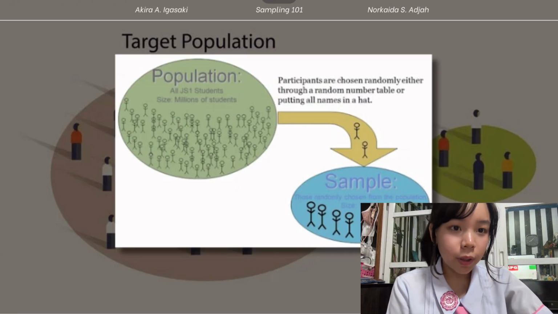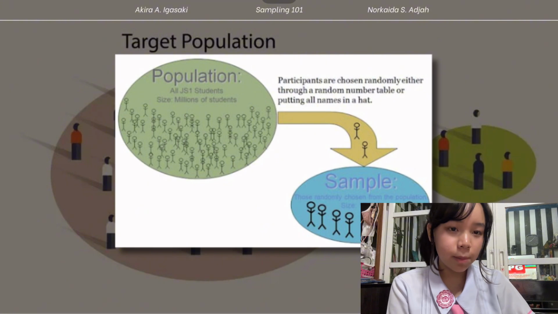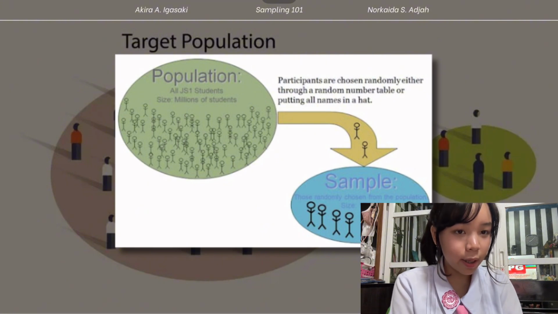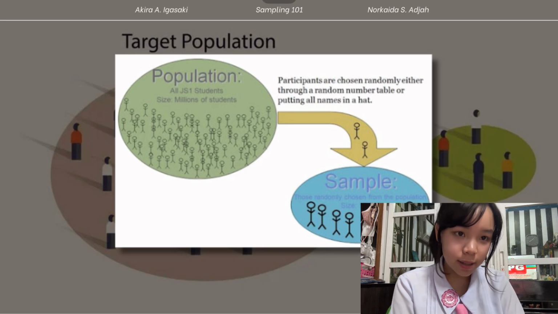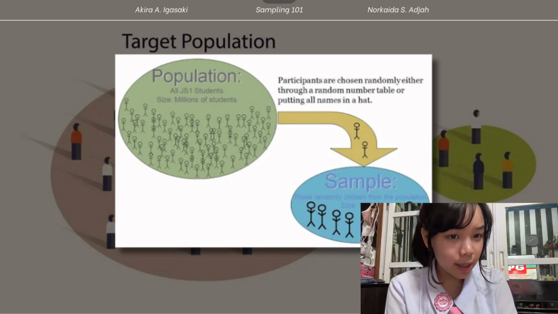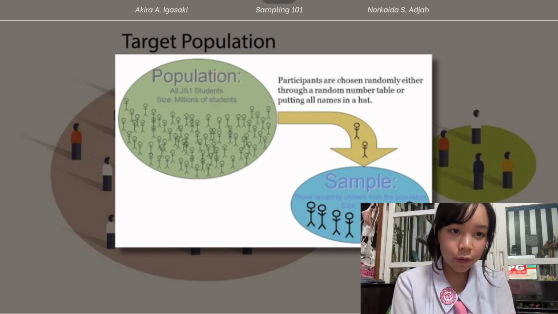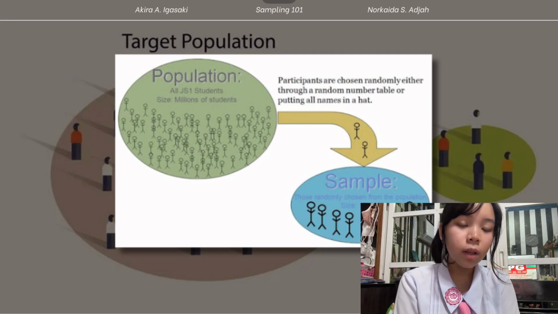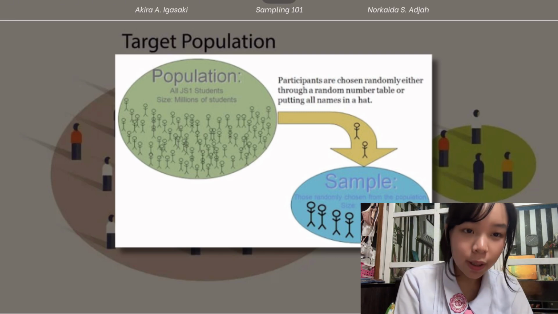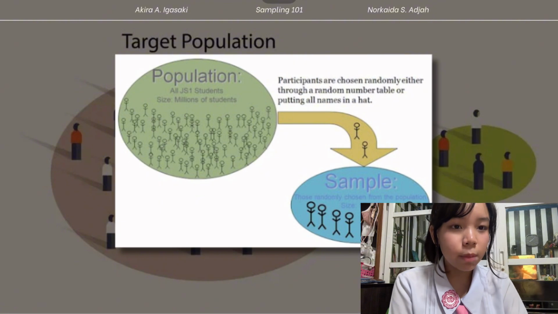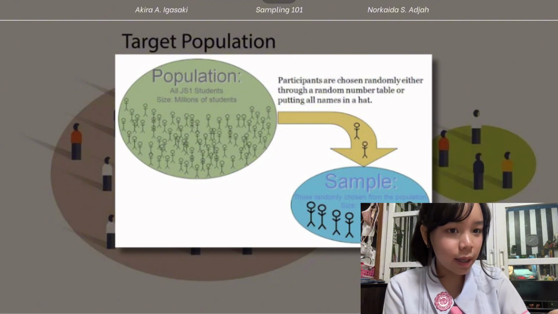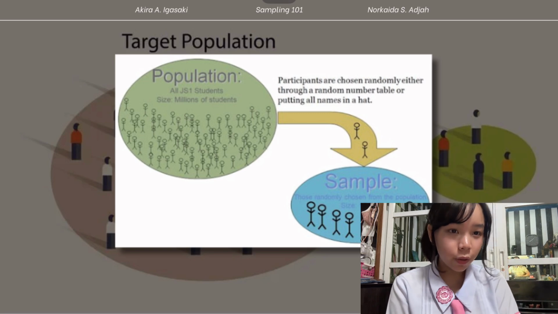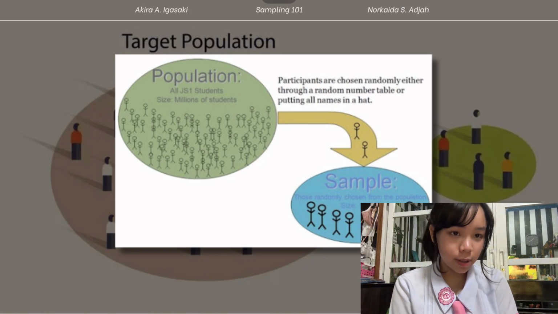For example, if you're looking into how public speaking affects the academic performance of students in the humanities and social sciences strand, it wouldn't make sense to try and survey every student in that category. That would take forever. Instead, you would choose a smaller, more manageable group of students, known as a sample, to gather their thoughts and experiences.